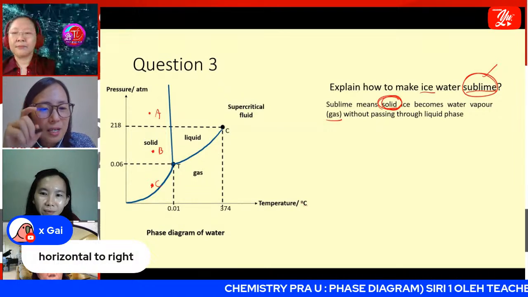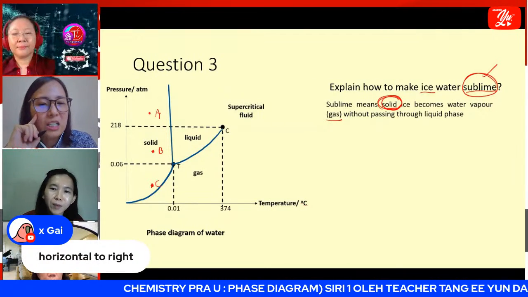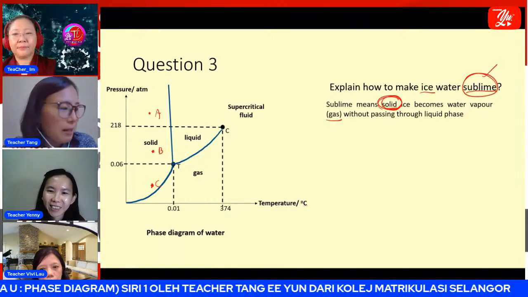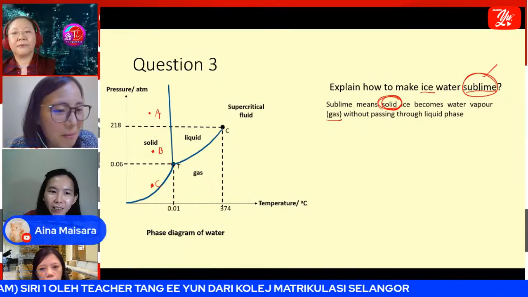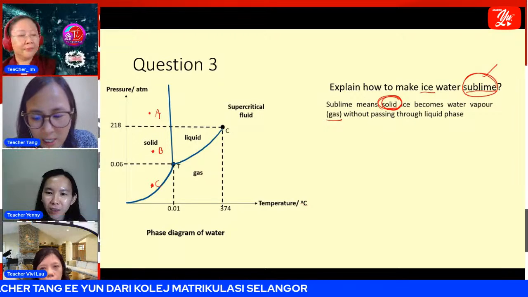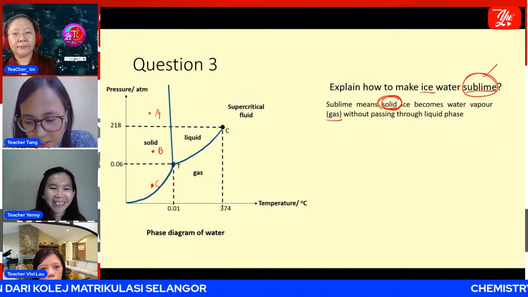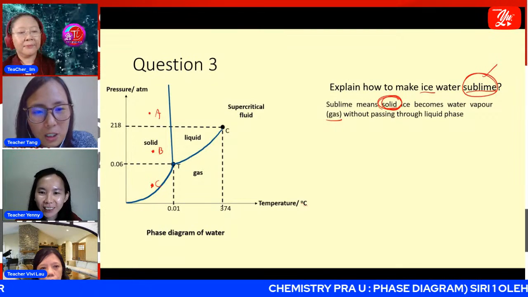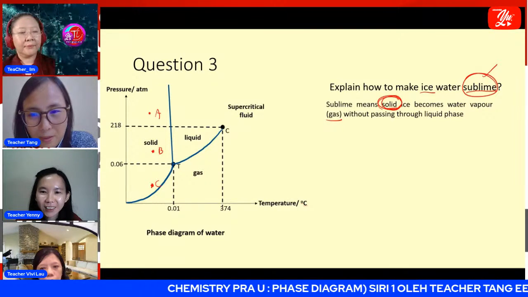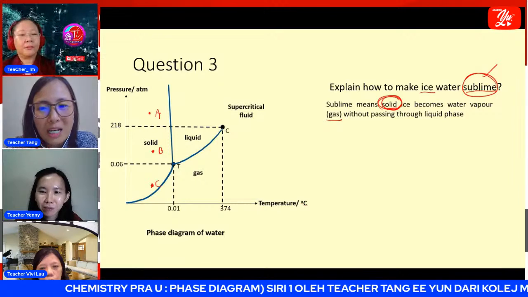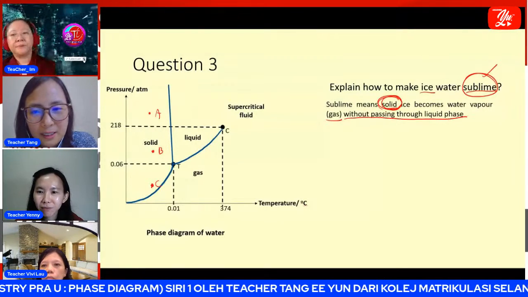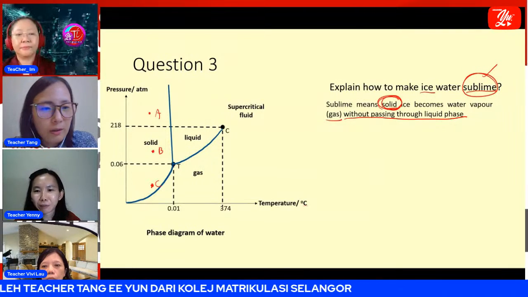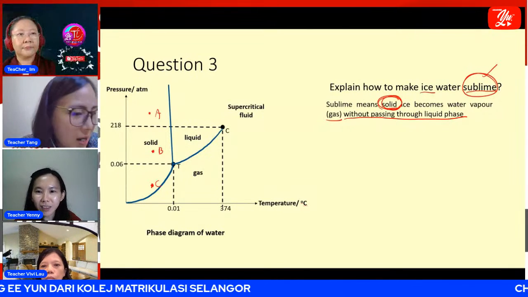A, B, or C? Which one is our initial condition in order for us to explain sublimation? Class, A, B, or C? You have three options to choose from. Remember, sublimation is solid changing to gas without passing through the liquid phase.